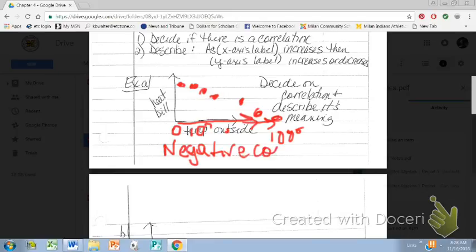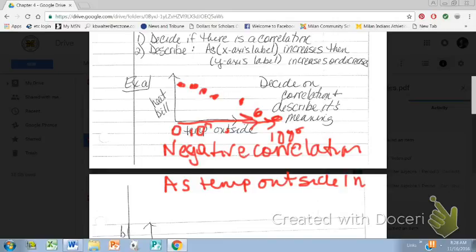So that would be the first part of your answer. And then you need to describe it. You're going to use, like I said, the labels on the x and y axis. So you would say, as temperature outside increases, the heat bill decreases.